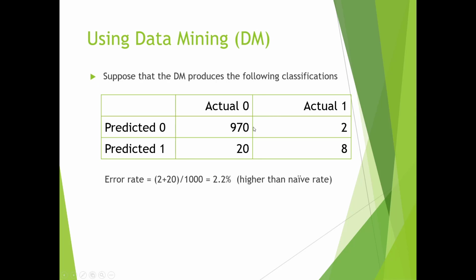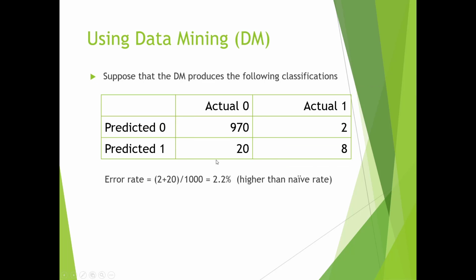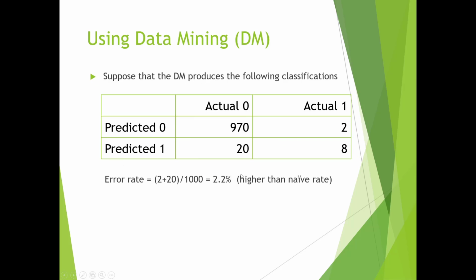Instead, if you have a modeling method where not all are classified as 0, but some are classified as 1, say 28 of them are predicted as 1, now we have an error rate of 2.2%. It's definitely more than this, because we are considering both errors equally.